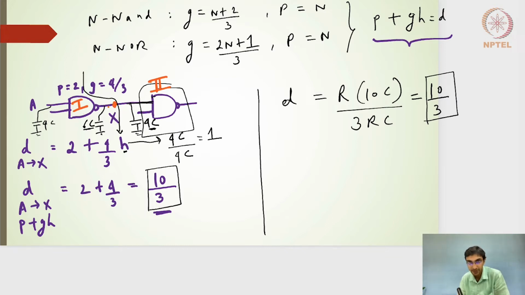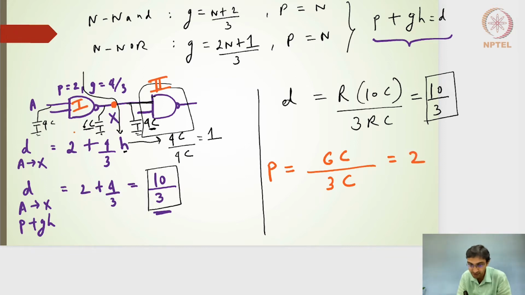While I'm calculating the normalized delay, the P value is by definition the parasitic capacitance seen at the node X, right? So I have considered 6C divided by the inverter's capacitance of 3C, and that's how I got this 2.